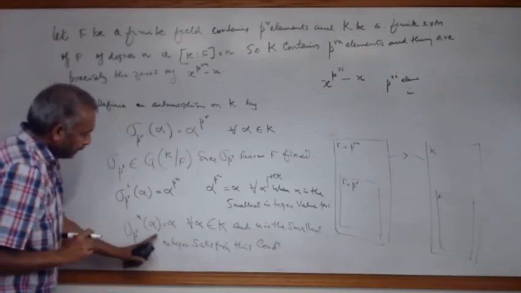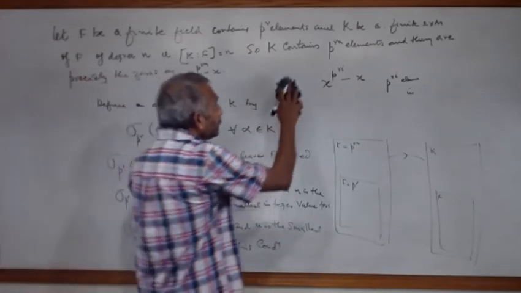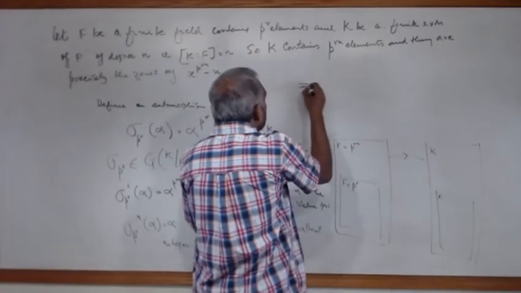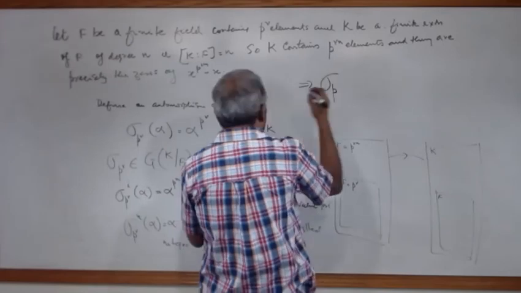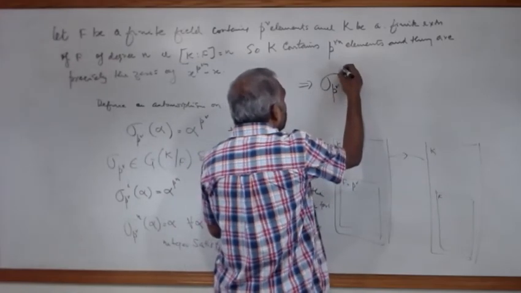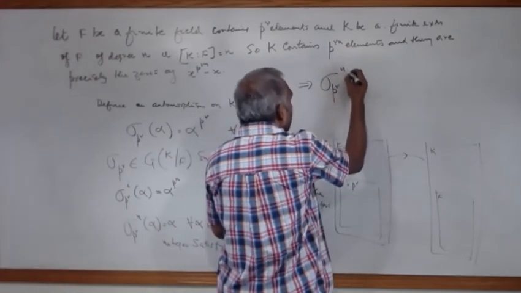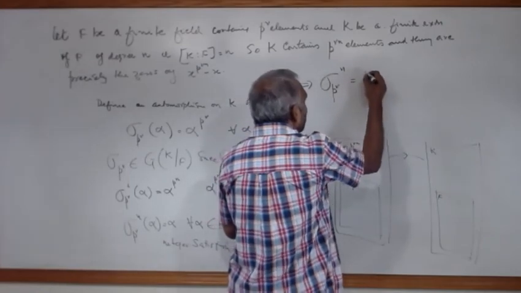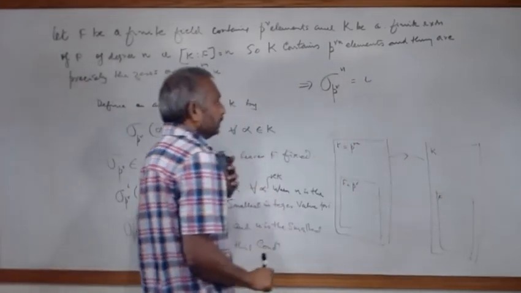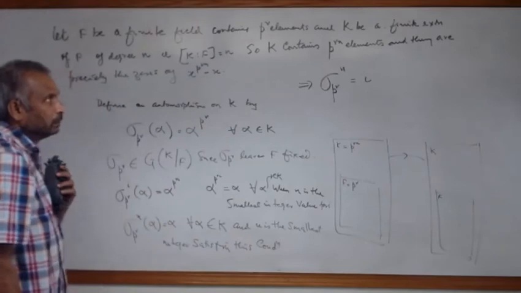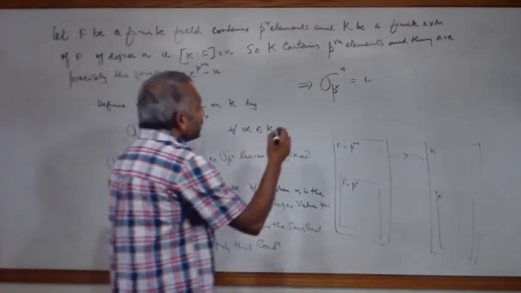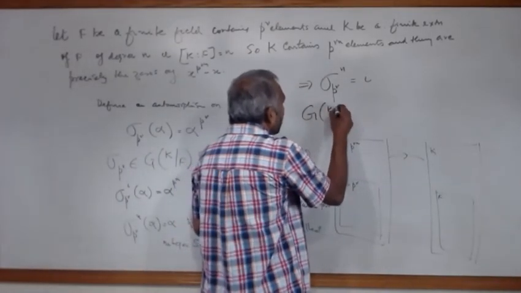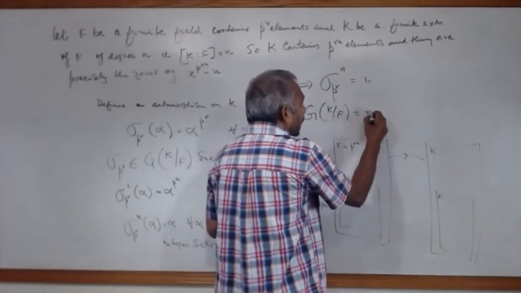What does this mean? This means that sigma p to the power of r to the power of n is equal to I, the identity map. How many elements are there in G of K over F? n elements.